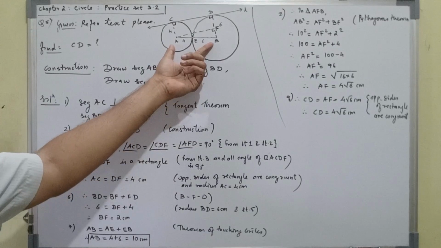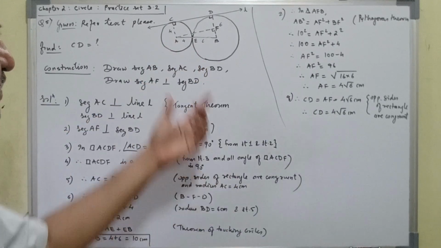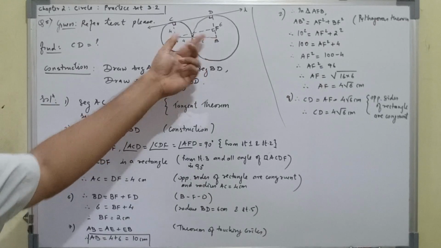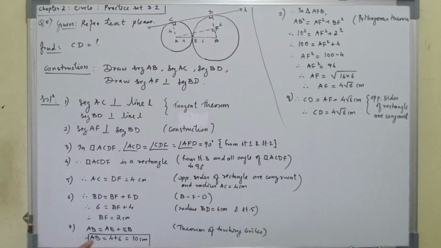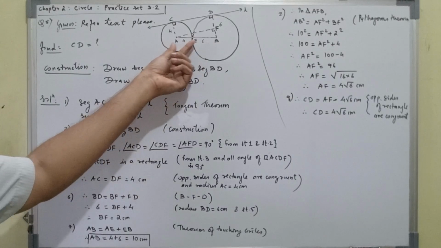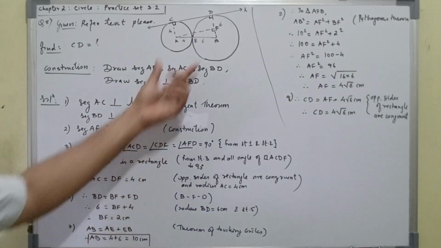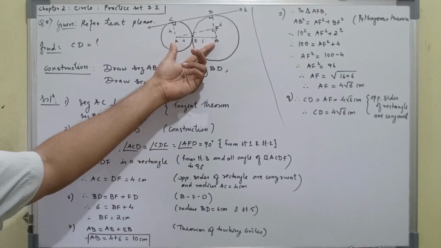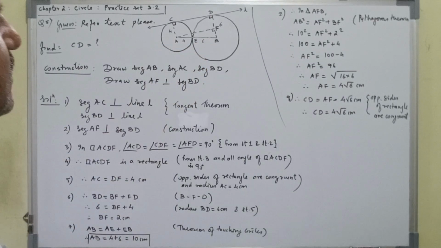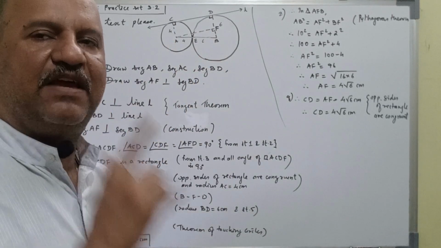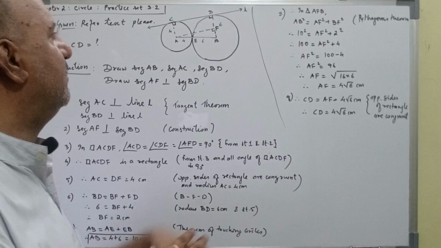Now what is AB? Just now by construction I told you, when two circles touch each other, their centers and the point of contact lie in the same straight line. Therefore AB will be equal to AE plus EB, theorem of touching circles. So AB will be 4 plus 6, add both radii, 10 centimeters. Now in triangle AFB, angle AFB is 90, so use Pythagoras theorem.